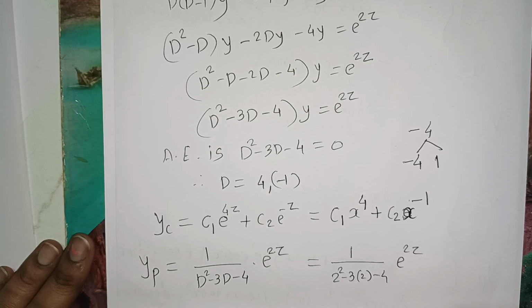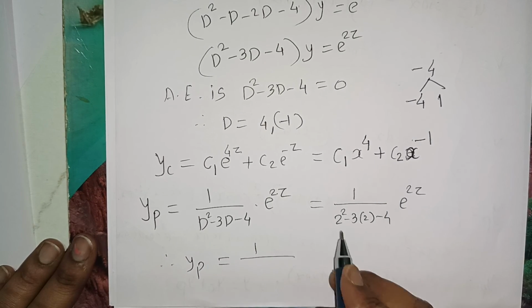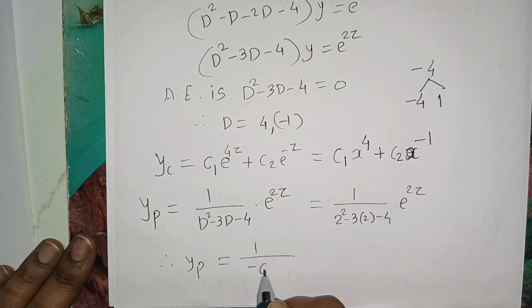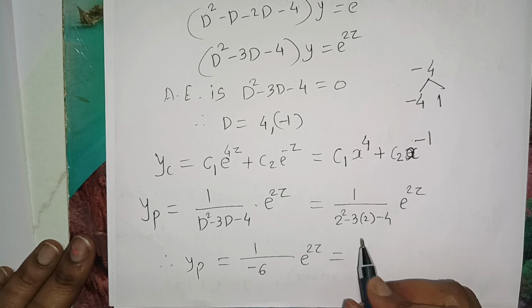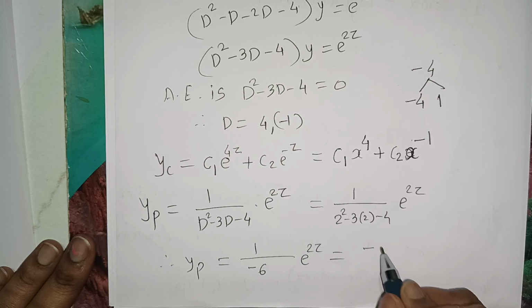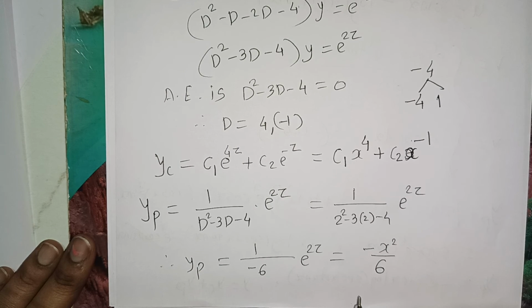So yp is equal to 1 upon 4 minus 6 minus 4, which is minus 6, e raised to 2z. Now yp is in terms of z, but the original differential equation is in x, so we have to resubstitute for z. e raised to z is x, so in terms of x it is minus x square by 6.